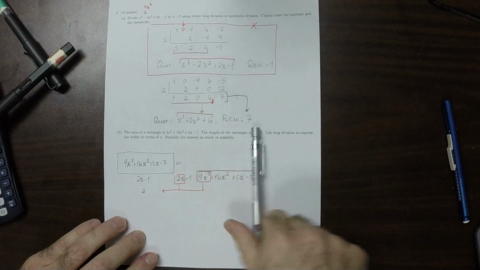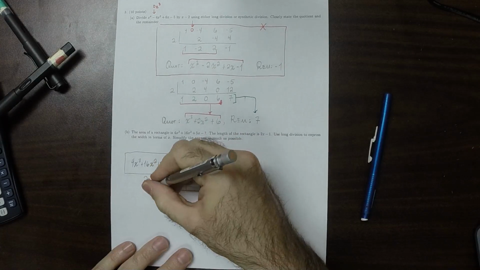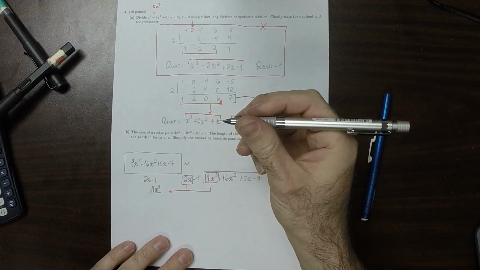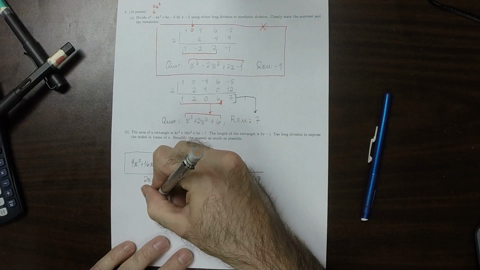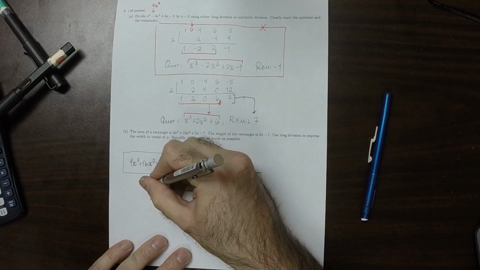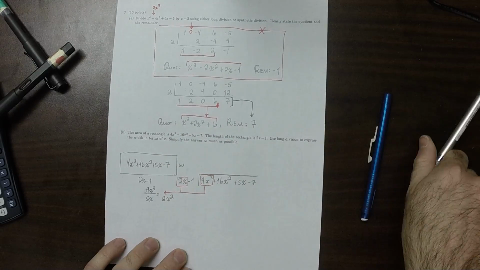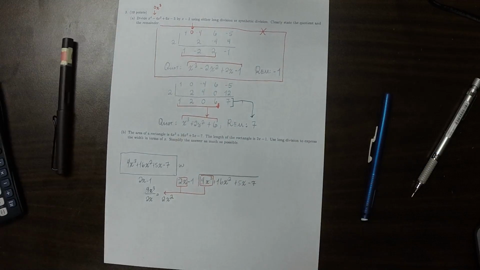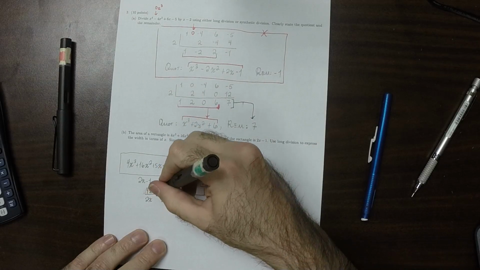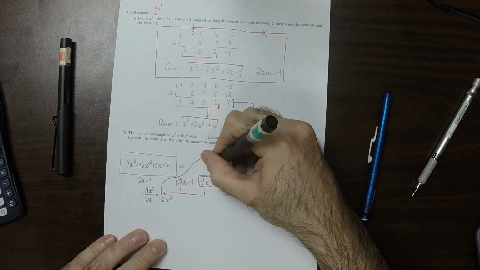So 4x cubed over 2x, well, that is 2x squared. So 2x squared. Now that 2x squared is a partial quotient, and it gets put on the top of the house.